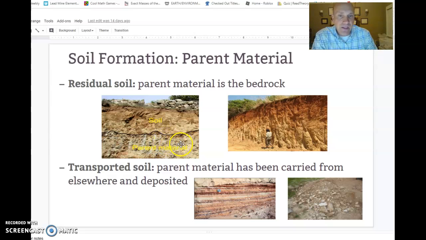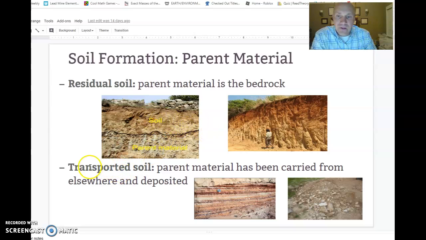It didn't get washed away. It just got weathered and formed right there where it is. Generally you're going to find this type of soil in relatively flat areas where there's not a reason for the soil to run off or to erode away.